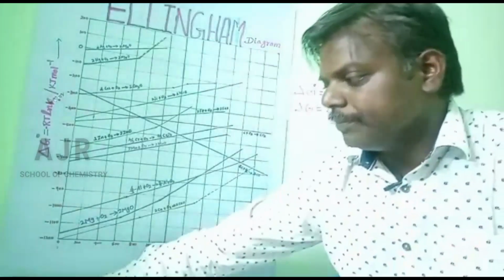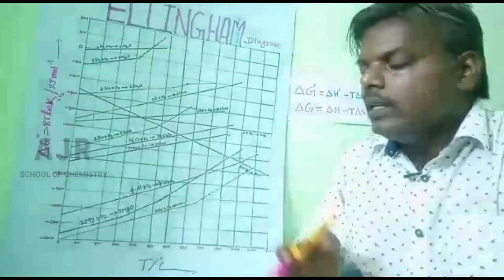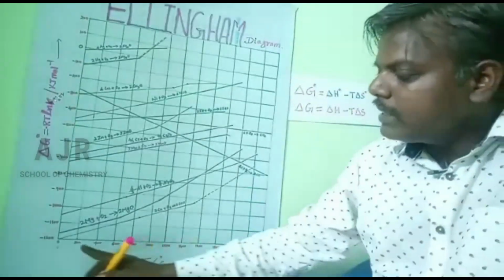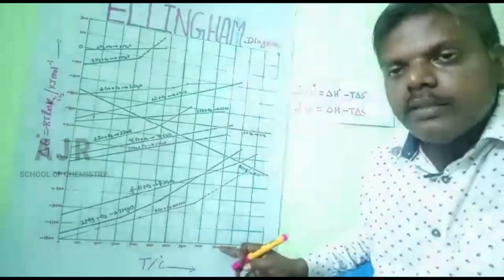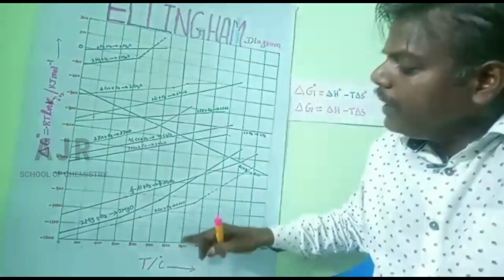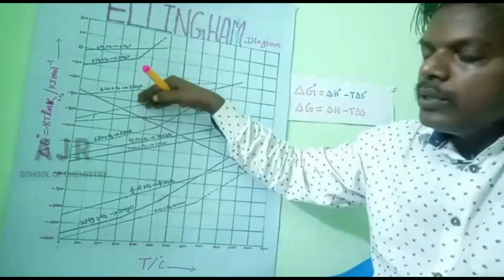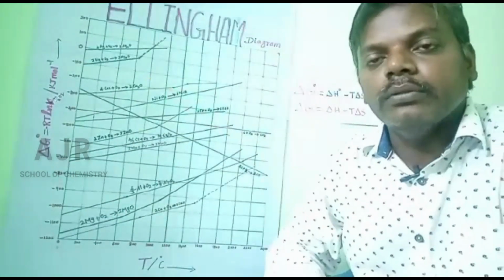Observation number 3. Generally, if you go through this diagram, as the temperature increases, the delta G0 becomes less negative.